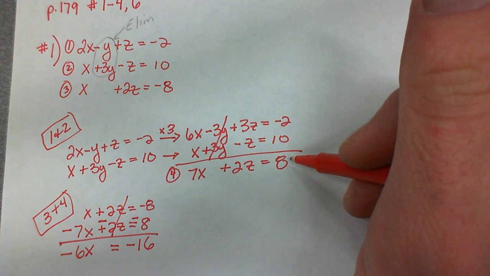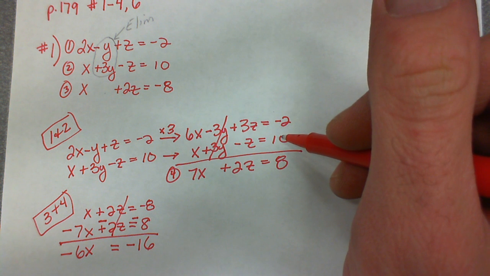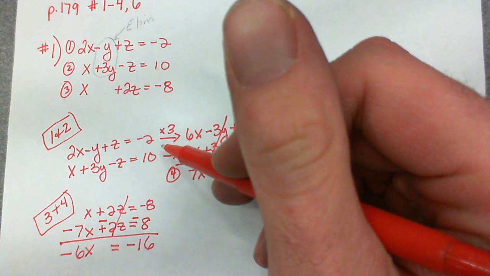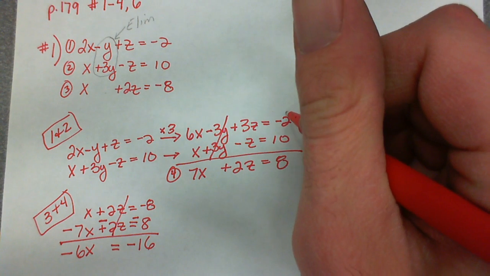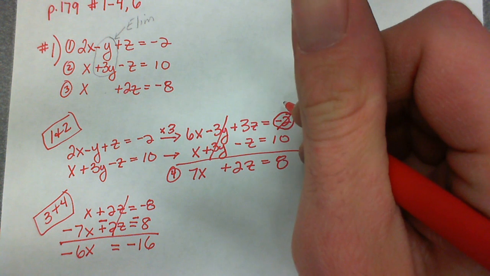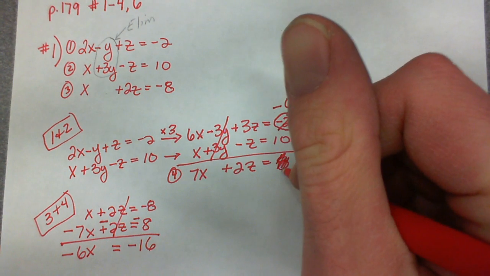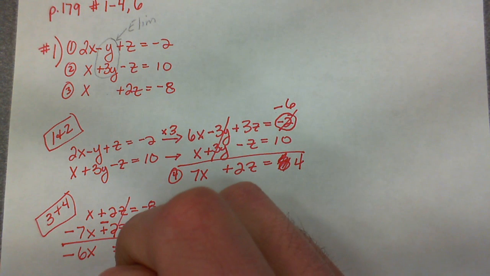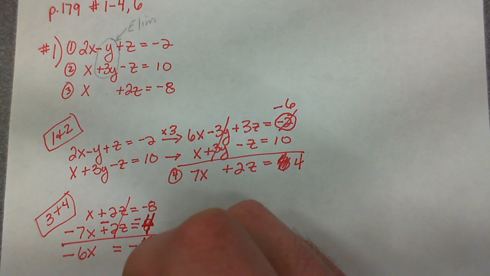This is supposed to be a 4. Oh, Mr. Renow, see here, this is supposed to be a -6, which makes this a positive 4, which makes this here a positive 4, which then makes this a 12.